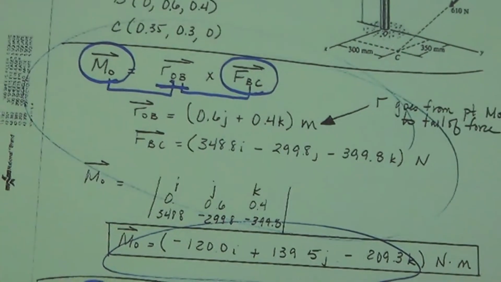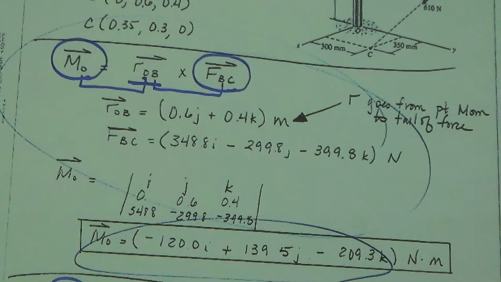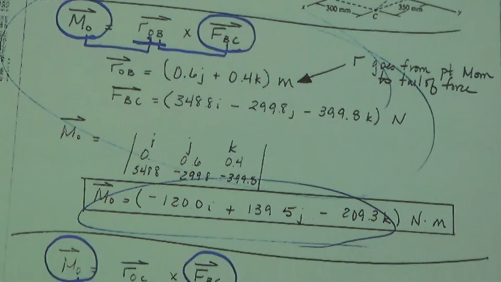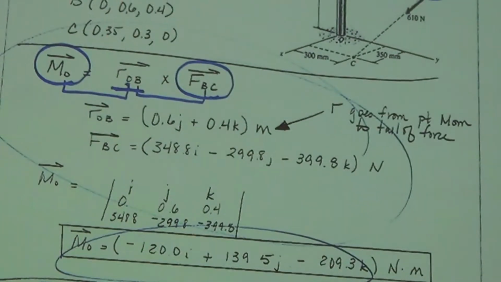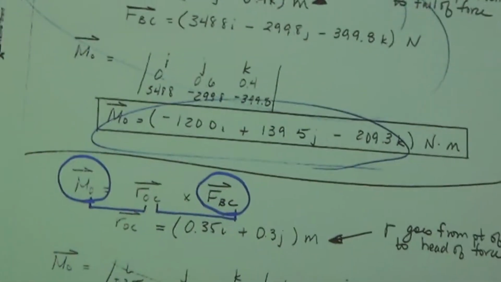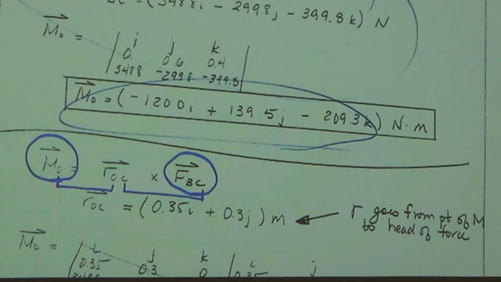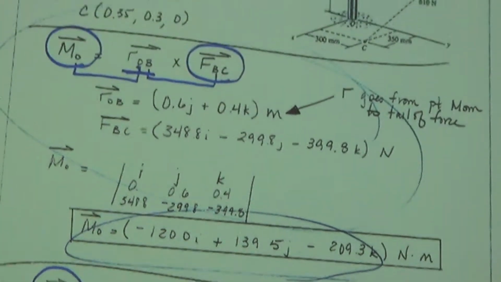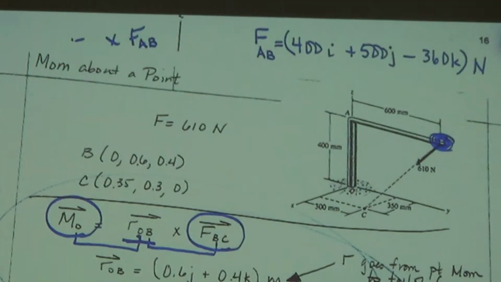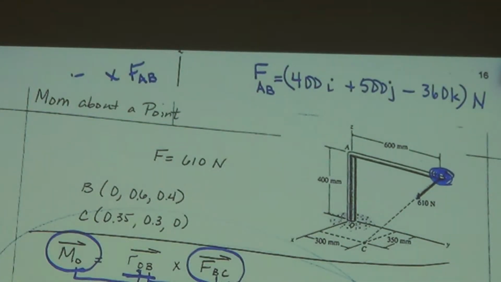Whether the R vector is here and my force is here, or here, or here, they're all in the same vertical plane, and the moment you're going to get is going to be perpendicular to that plane.